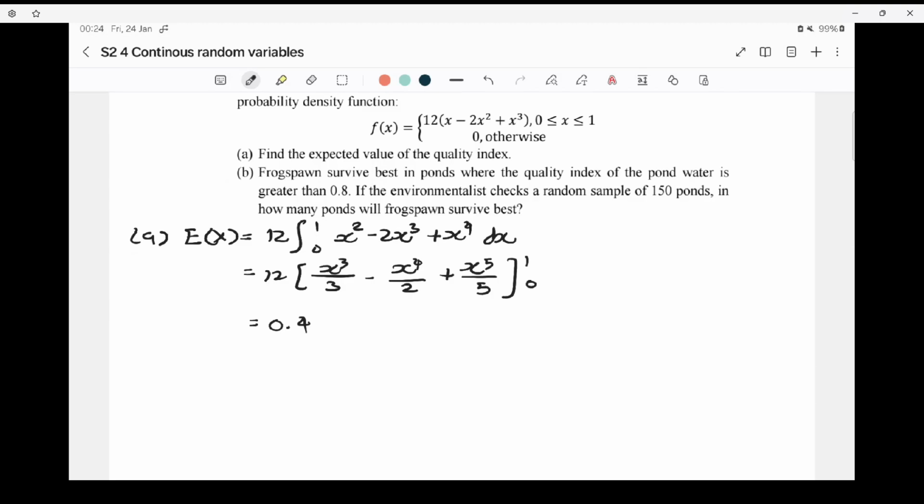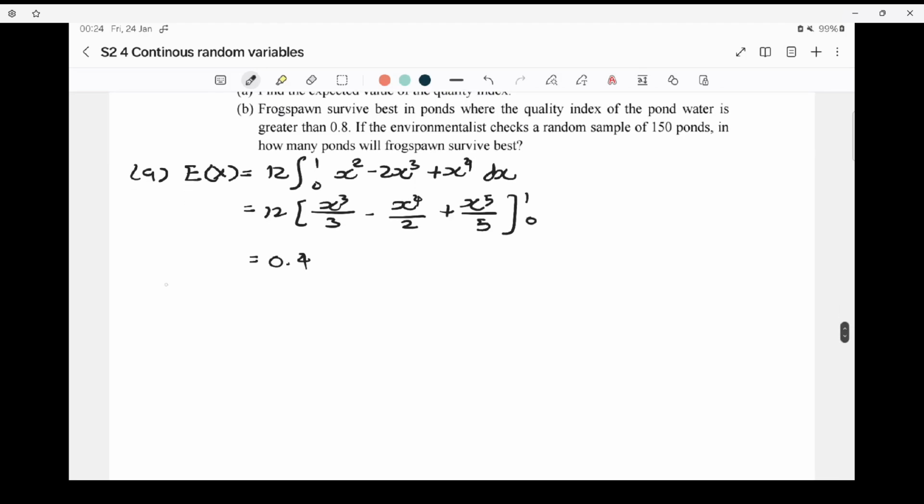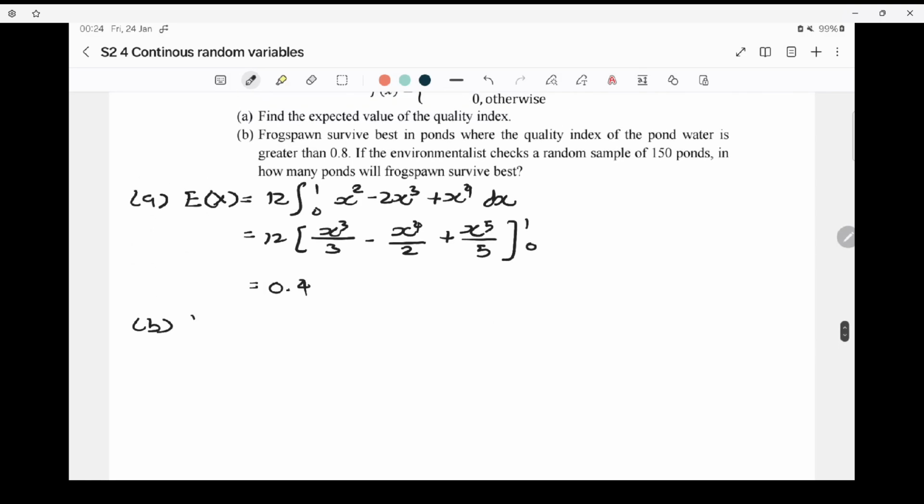They will survive best in ponds when the quality is 0.8. Check a random sample, how many will survive best, so greater than 0.8. So it will be 12, integrating from 0.8 to 1.